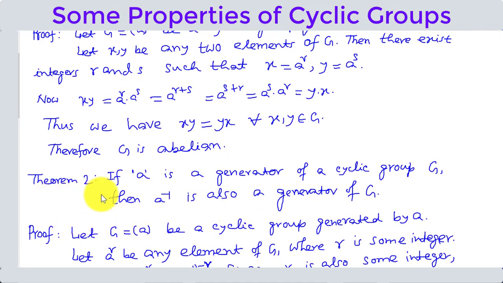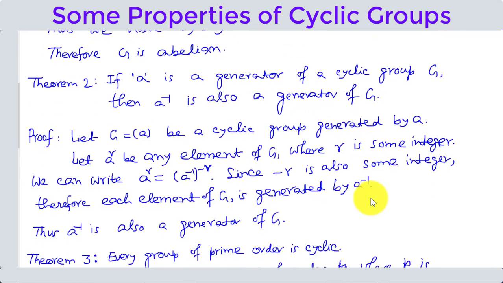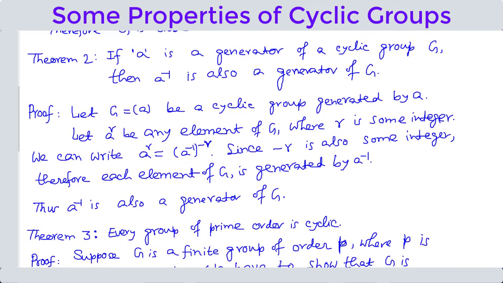Theorem 2. If a is a generator of a cyclic group G, then a to the power minus 1, that is a inverse, is also a generator of G. Proof.